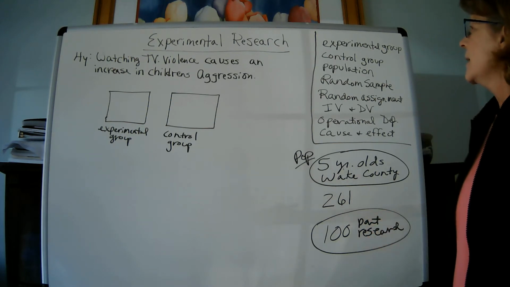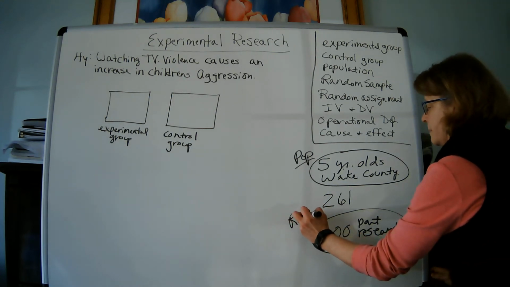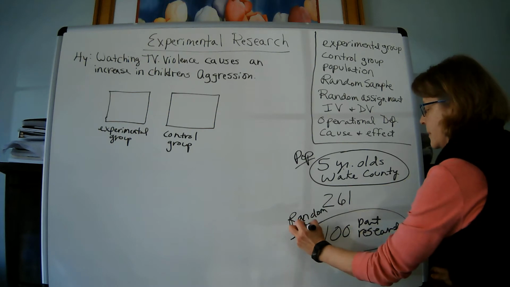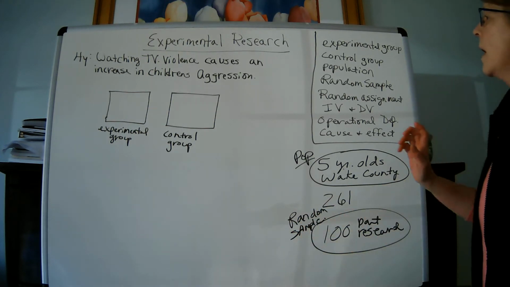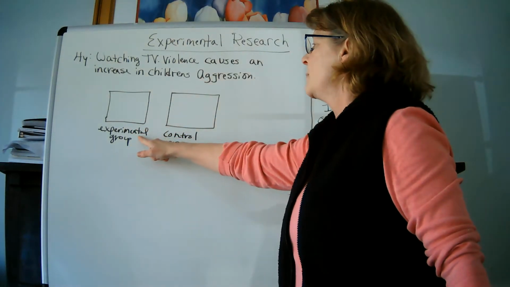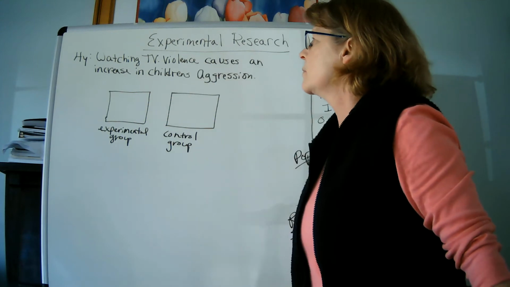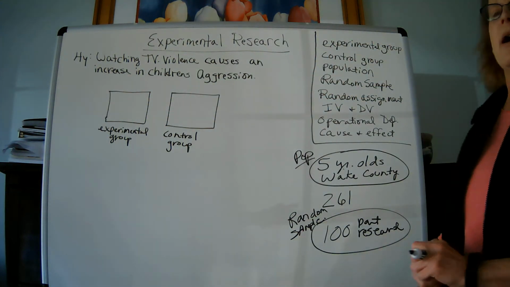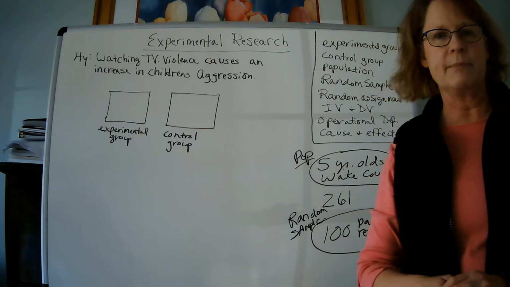All right. So let's look over here. So this is going to be your random sample. Now, what's the difference between experimental group and control group? You always want to look up to the hypothesis. And whatever the hypothesis states is what the experimental group is going to have happen.